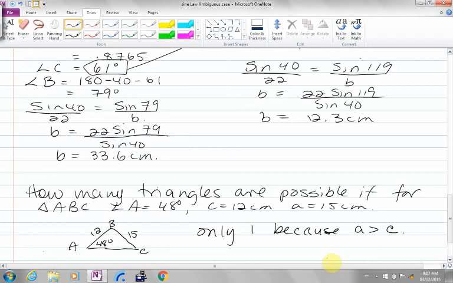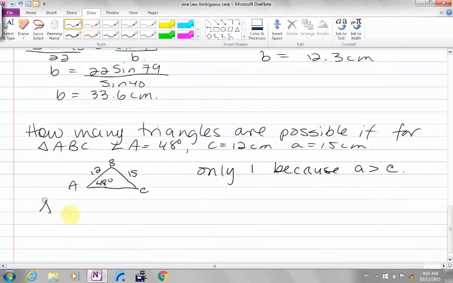Yes? If you put the lengths around, like say C was 15 and A was 12, could you have 2? I don't know. Good question. Let's try. So let's do it again. Same question. And now we want to make C 15 centimeters and A 12 centimeters. Okay.